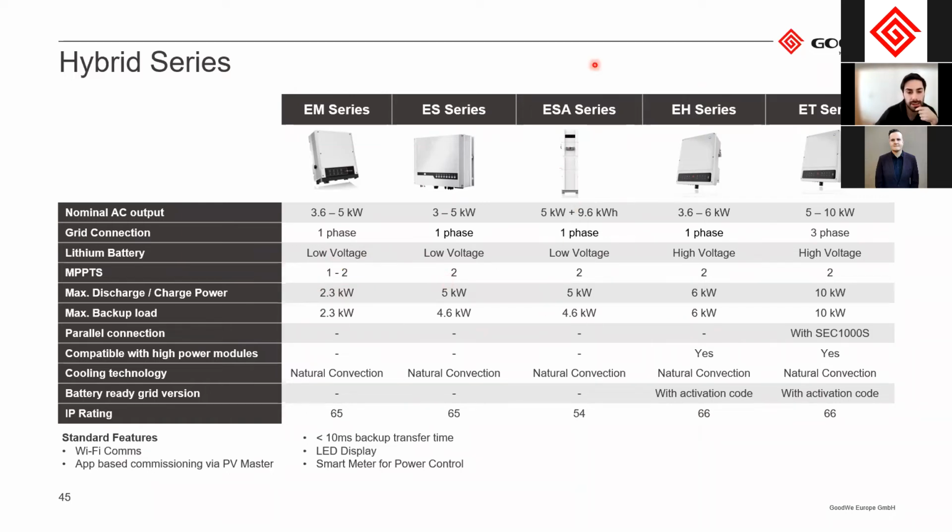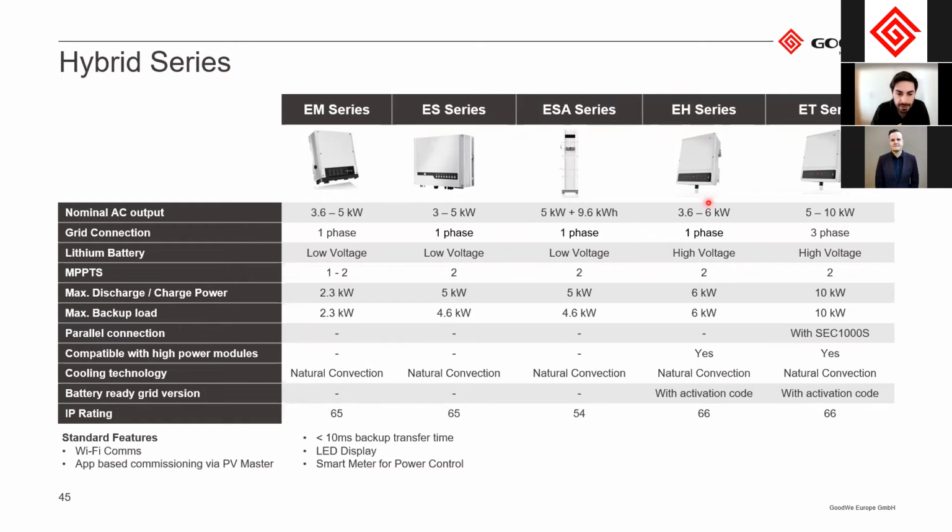And here, this one in the middle is an all-in-one solution. So this is both an inverter with batteries, like a big tower. Also single phase and compatible with the low voltage batteries, which are already included. And these first three are all low voltage batteries.